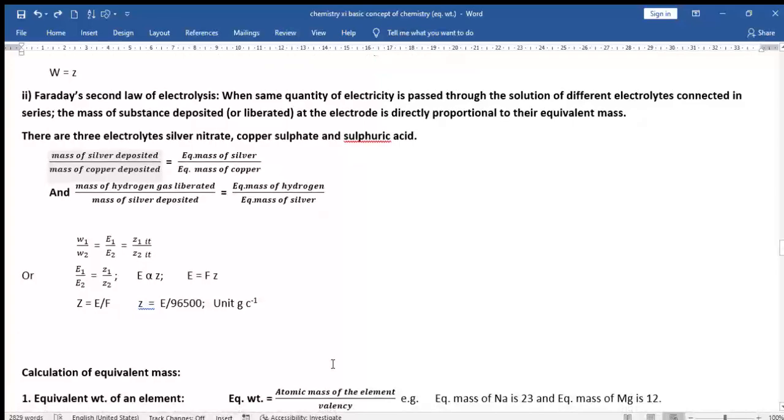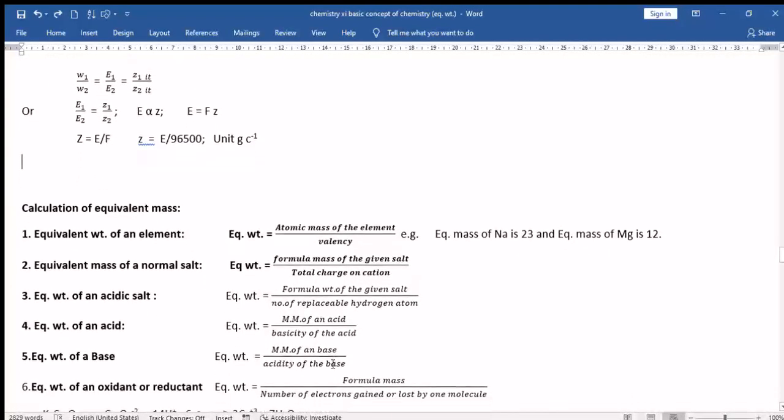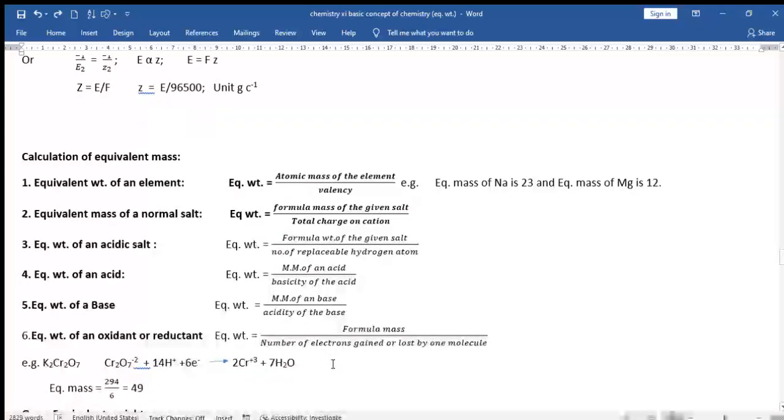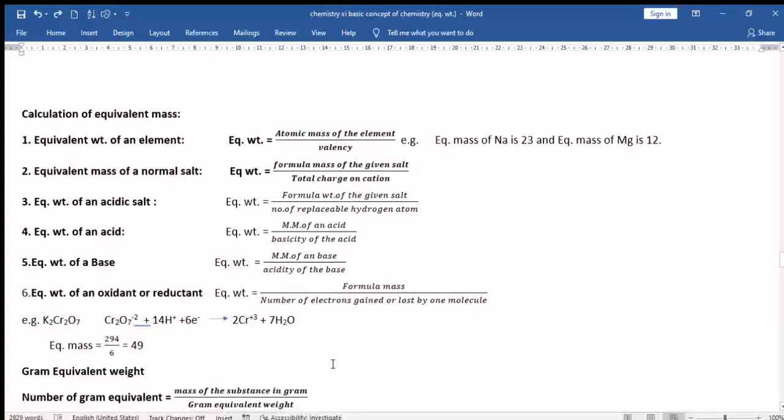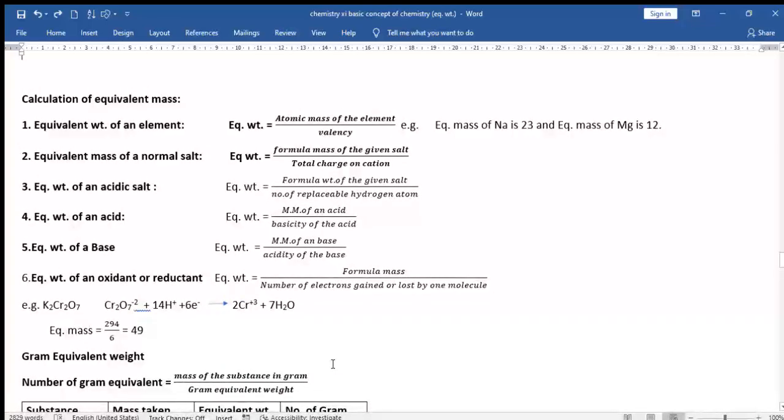Next is how to calculate the equivalent mass of different substances. The equivalent weight of an element we can calculate if we know the mass of that element and the valency of that element. By using the formula, equivalent weight is equal to atomic mass of the element divided by valency of the element, we can calculate the equivalent mass of the element.